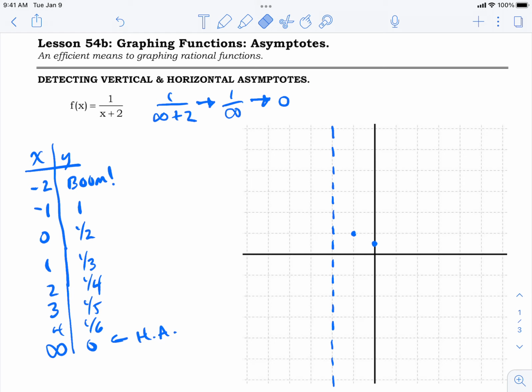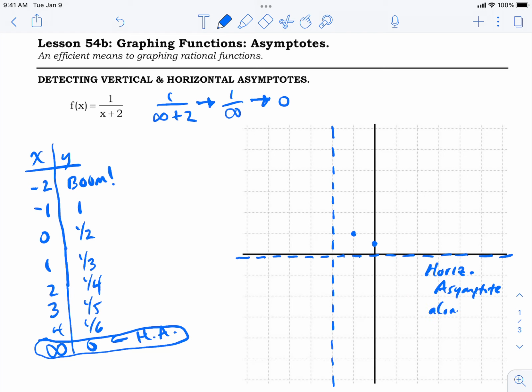I know it's there. So anyway, as x goes to infinity, y is going to 0. It doesn't equal 0, but it's getting there. And so the way you show that it's getting there without actually reaching it is you draw an asymptote here. So notice what we have here is what's called a horizontal asymptote.